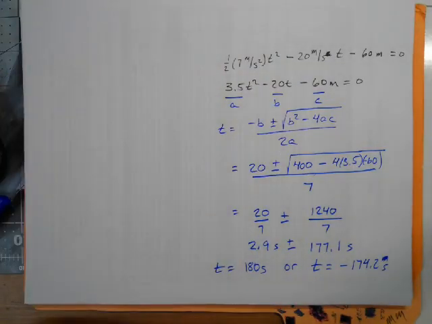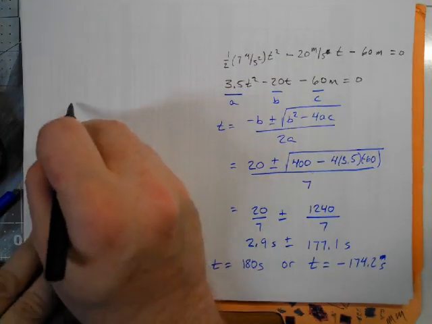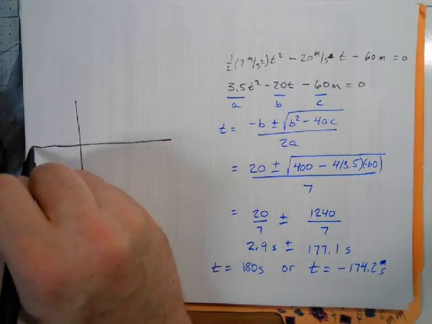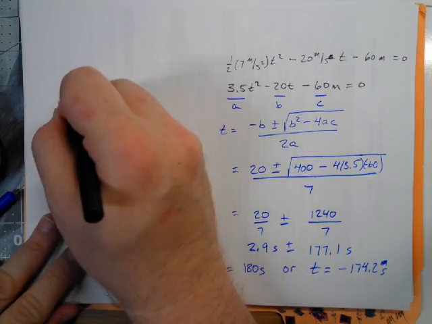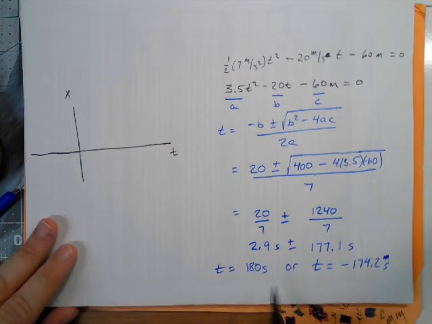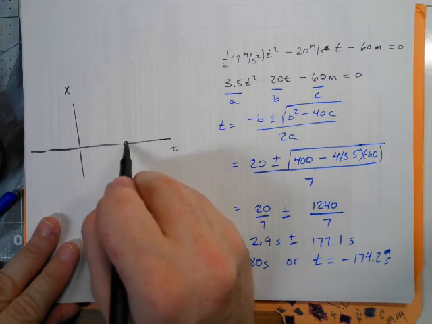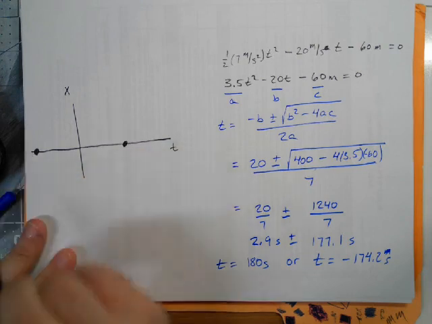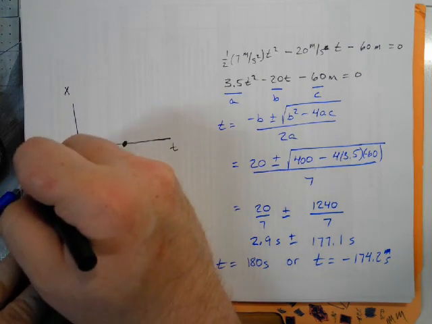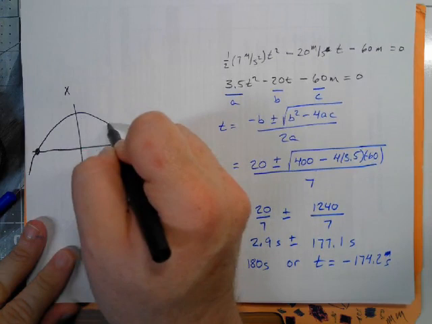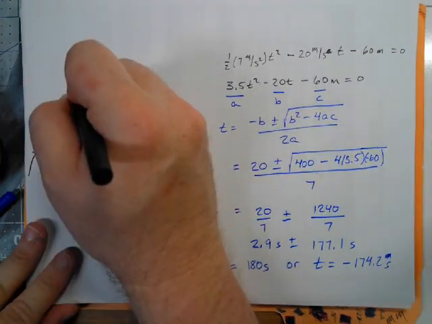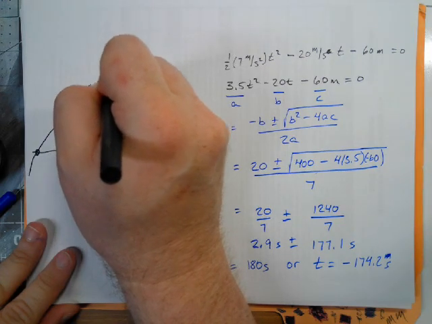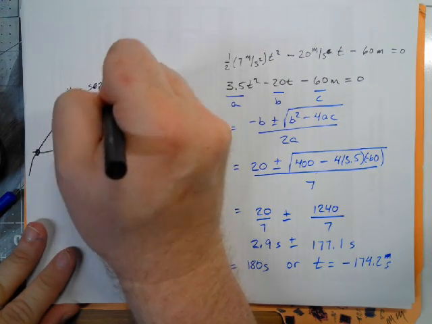Well, if we plot this, right, there's our plot, and we're going to extend this axis over, and we'll do x and t. What we're saying is there's a point here at 180 seconds, but there's an almost symmetric point over there, and the plot looks like this, where this delta x is the separation of the cars.